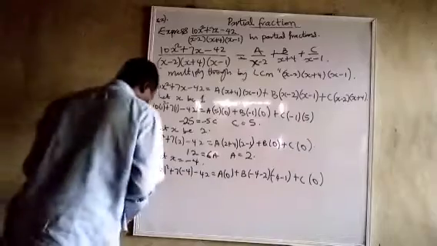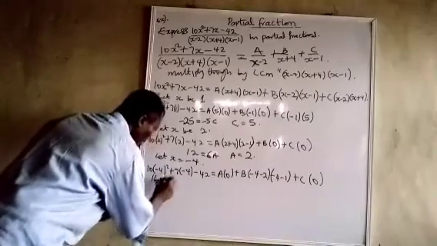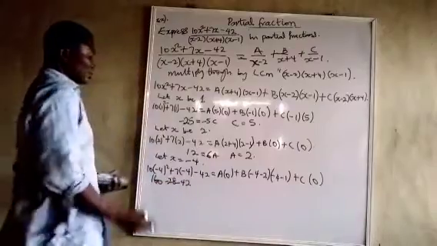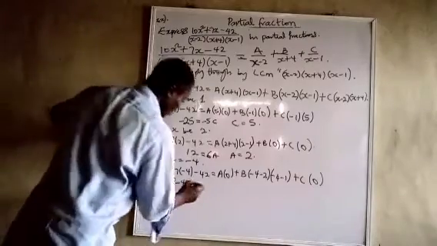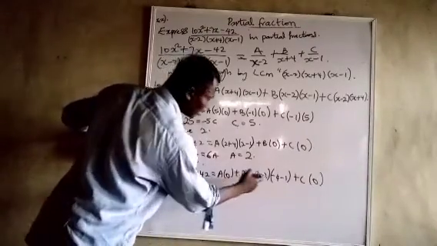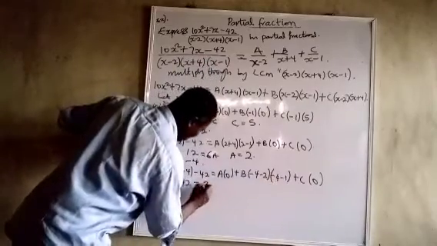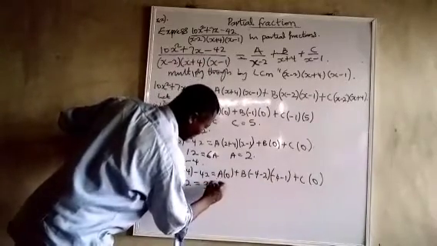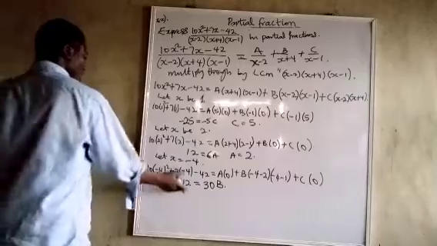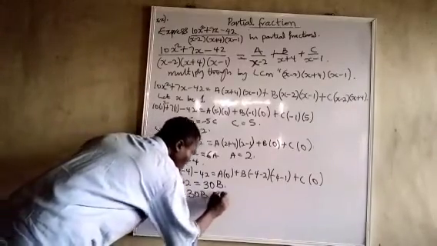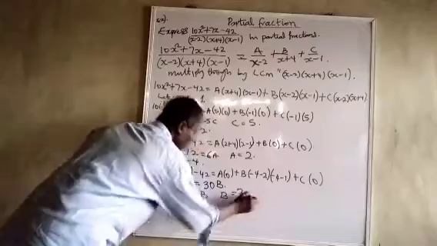So this one is 160 minus 28 minus 42, and that gives me 90. This is minus 6 into minus 5, so it's going to give me 30B. So 90 is equal to 30B. So B is equal to 3.